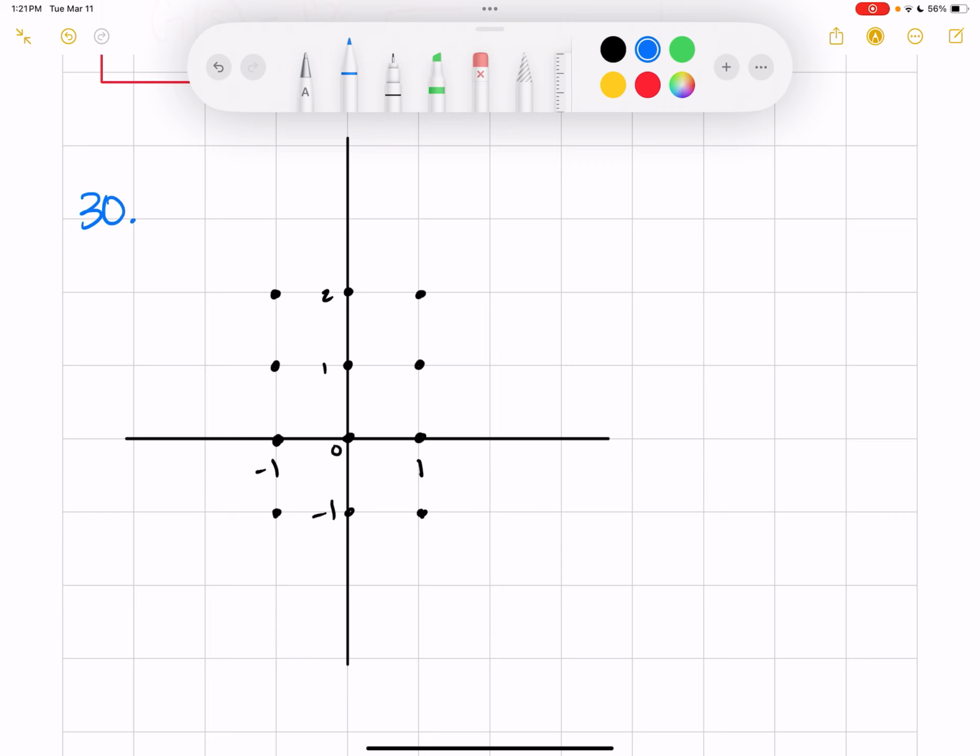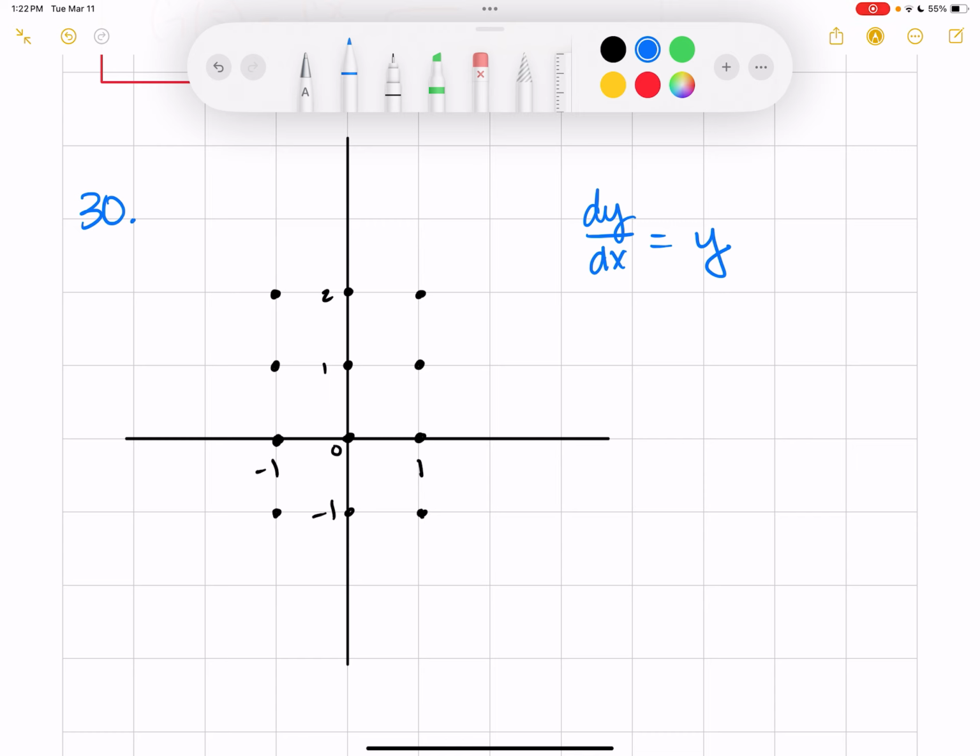So 30 is dy/dx equals y. Basically, we're just plugging in numbers. If I plug in 0 here, what do I get for y?